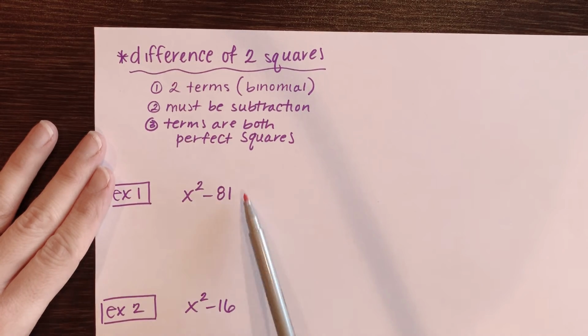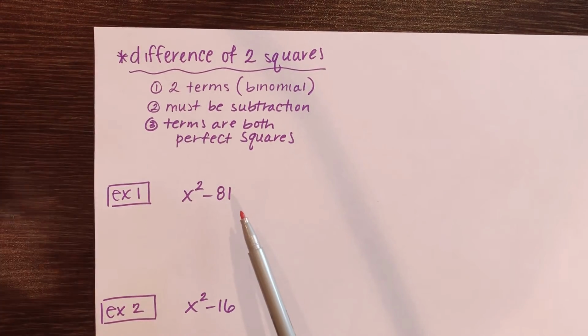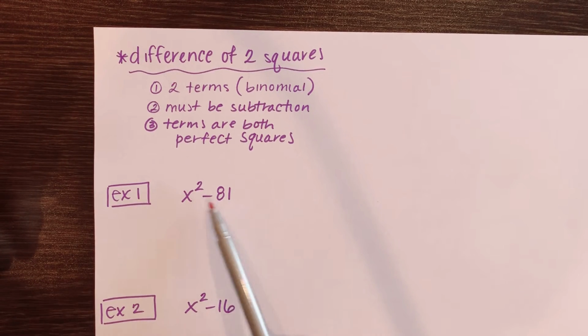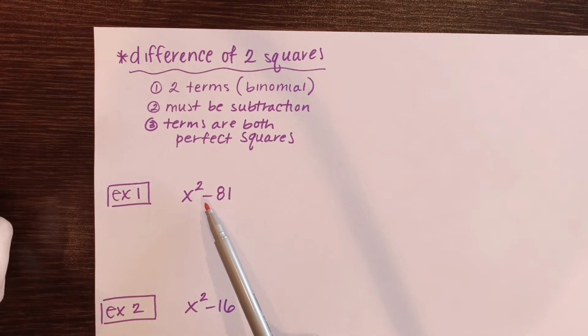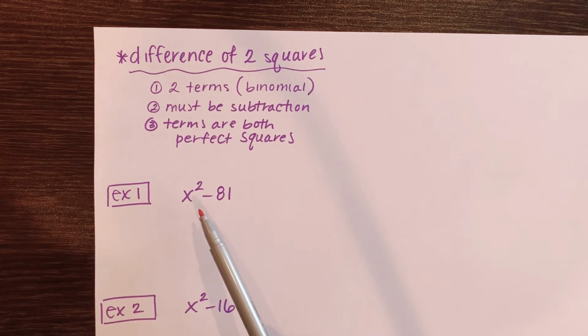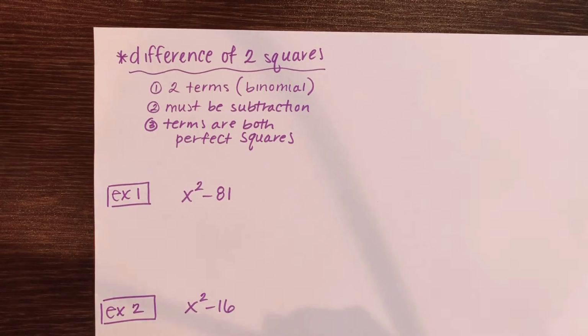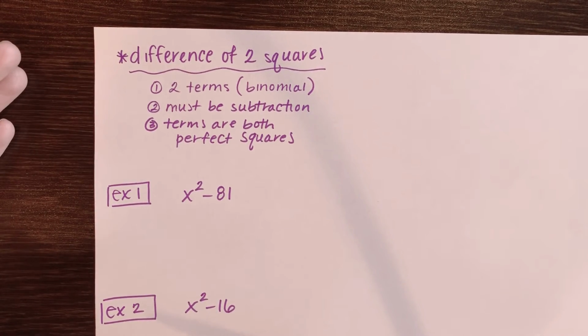This would be an example of, okay, I see it's a binomial. I only see 2 terms. I don't see the 3. There's a subtraction sign in between, so that makes it the difference of 2, and x squared is x squared, so it is something squared, and 81 is 9 squared, right?